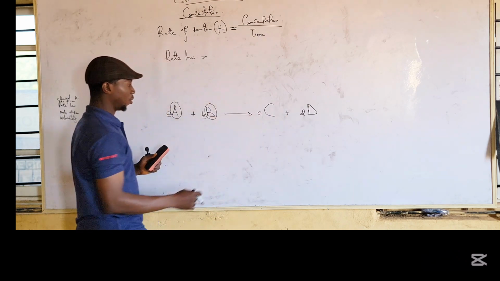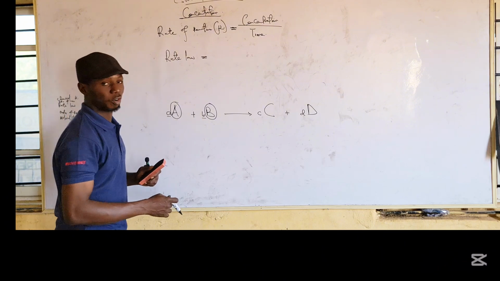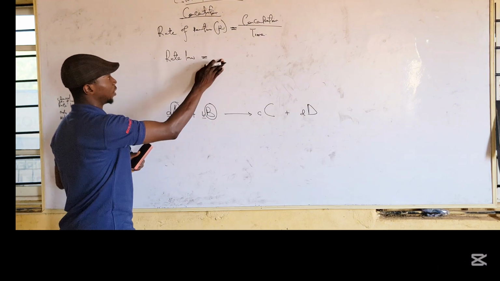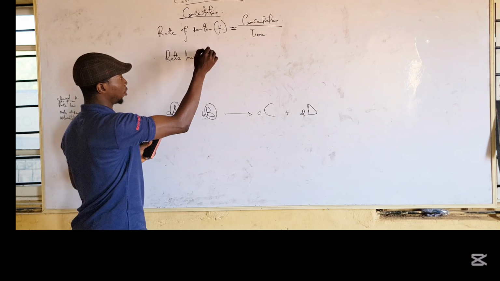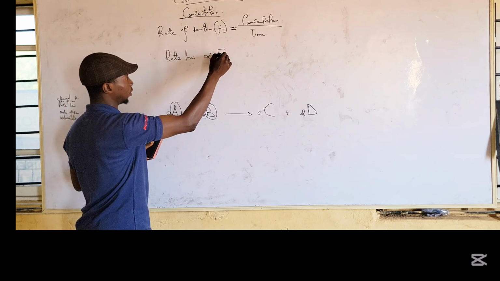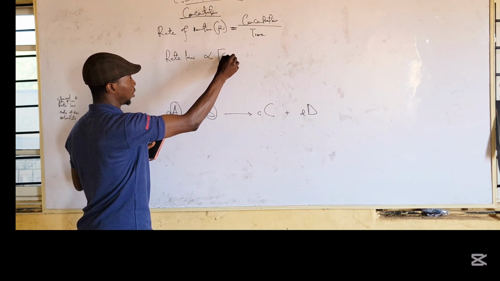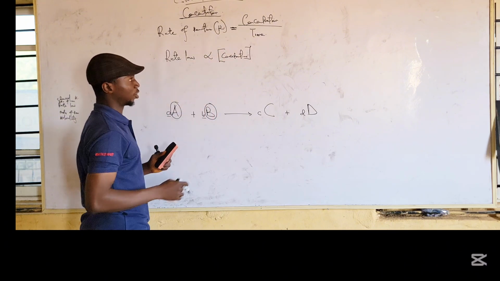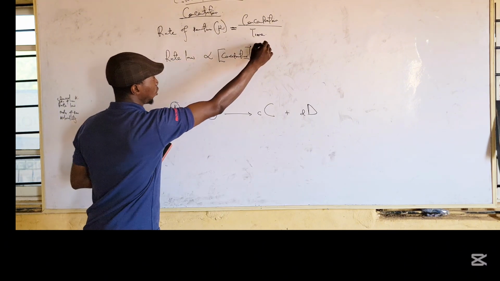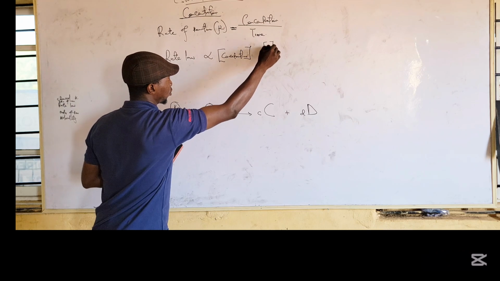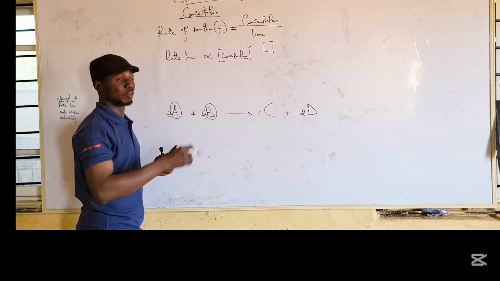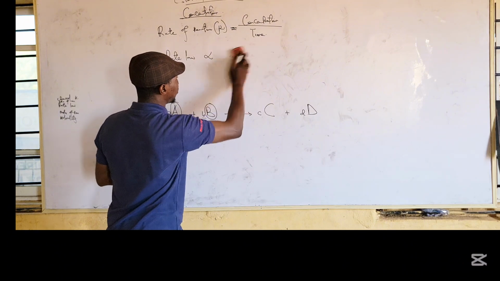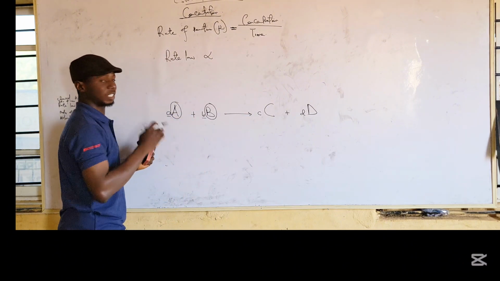Now, if you want to write the rate law for this particular equation, we have said rate is directly proportional to concentration of reactant. Anywhere you see square brackets, they indicate the concentration of whatever you have inside them. So let's write the rate law with respect to reactant A first.